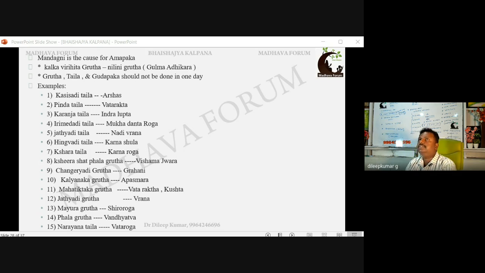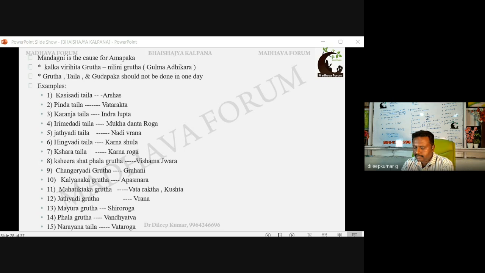In Lavana Bhaskara Churna, the key ingredient is Samudra Lavana. Four Lavanas are present in Lavana Bhaskara Churna. The main Lavana is Samudra Lavana; the highest amount in Lavana Bhaskara Churna is Samudra Lavana, the sea salt that we are using.